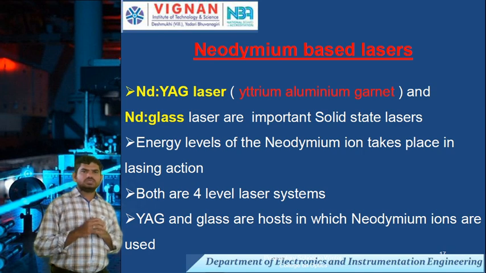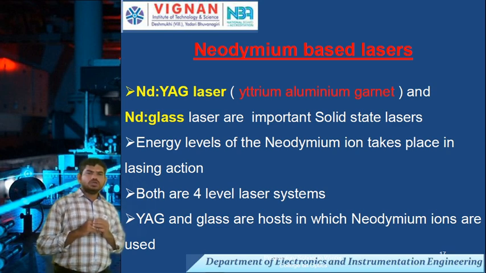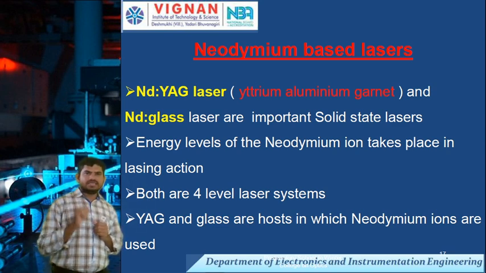There are two types of neodymium based lasers. The first one is the neodymium YAG laser, and the second one is the neodymium glass laser. First is the neodymium YAG laser.